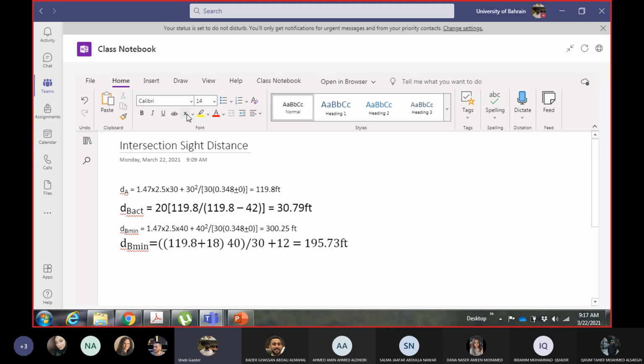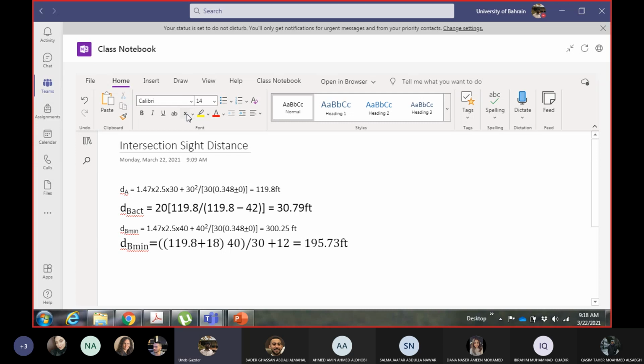Okay. Now what is the meaning of that? That if you do not have enough side distance for an intersection, then you must go for a traffic control device that can make the driver on one of the roads stop before entering the intersection, so that when he comes close to the intersection, he will stop, and then he will only enter if he sees the other side is open for him. Okay, so this check is applied to know if we need any traffic control device at an intersection or not.